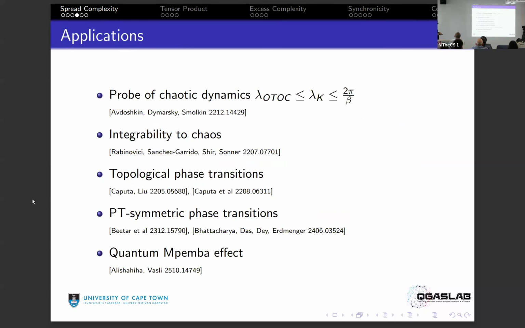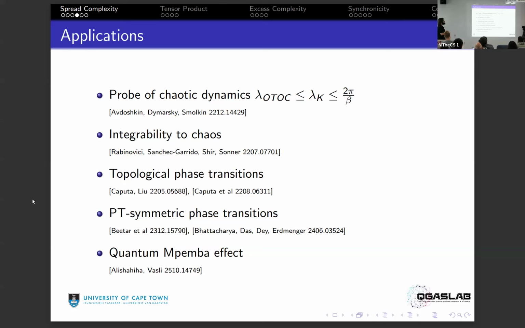basis. But with that out of the way, just a short slide on where this fits in, why this is relevant. Well, in quantum many-body physics, it's been proposed as a probe of all sorts of interesting properties of physical systems. So chaotic dynamics, for example, there are claims that spread complexity can be used to probe whether a system is chaotic or not.